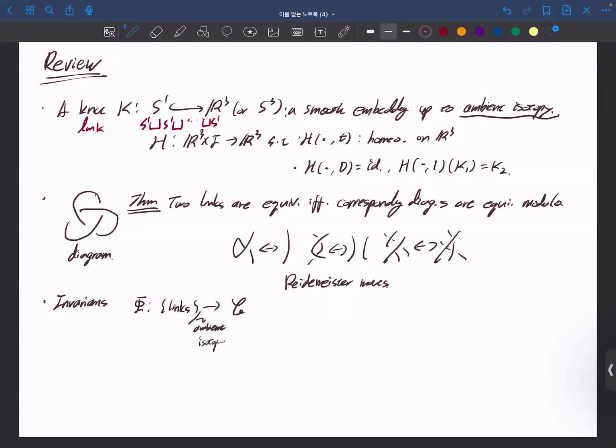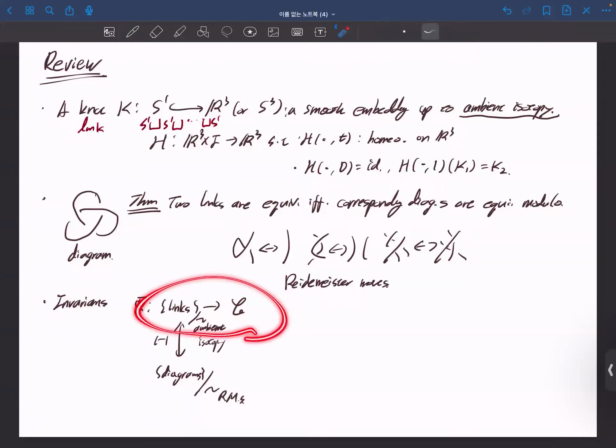But thanks to the Reidemeister theorem, there is a one-to-one correspondence between links up to ambient isotopy and diagrams up to Reidemeister moves. So instead of this map, we construct this map, which makes this diagram commute.